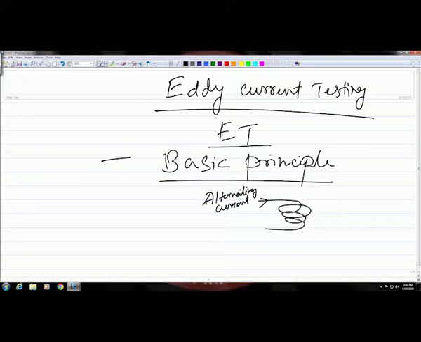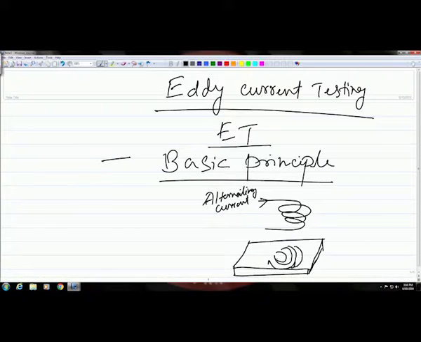And if you bring a second conductor near to it, so, on the surface of the second conductor, you will have induced current, which will be having a flow pattern like this, as I said, which resembles the eddies which form on a flowing stream of liquid around the obstacles when the conditions are right.